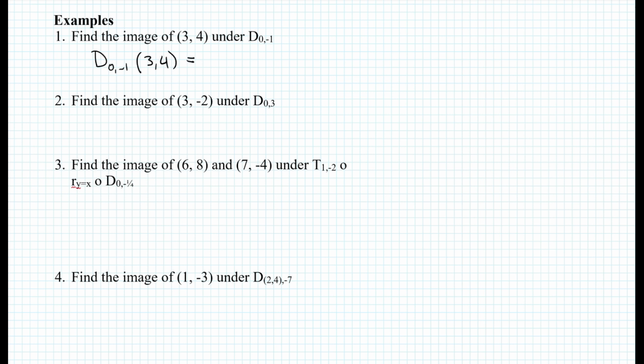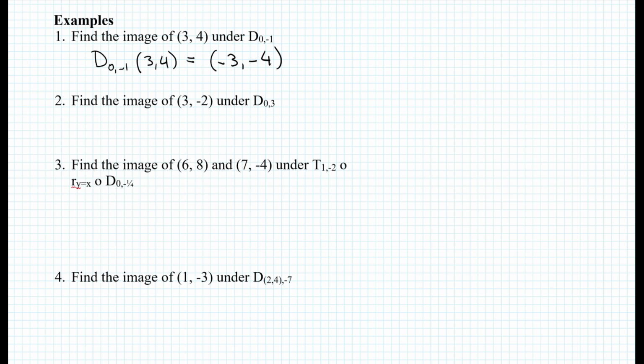And what we want to do here is just multiply each point by -1 to obtain (-3, -4). So in reality, we didn't really dilate the object or contract it, but in this case, we're just reflecting it over the origin. So this type of dilation is equivalent to a reflection over the origin.